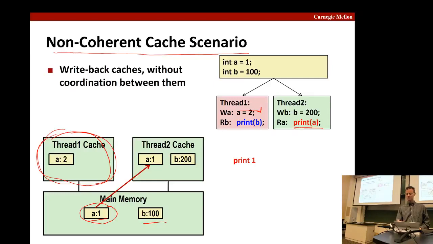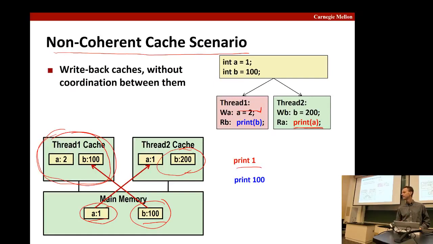And so when it goes to print A, it will print 1. And likewise, thread 1 can do the same thing. If there's no coordination between these caches, it doesn't know anything about the fact that B has been updated, that this value is stale, and so it reads in the old value and prints that out. Any questions on that?